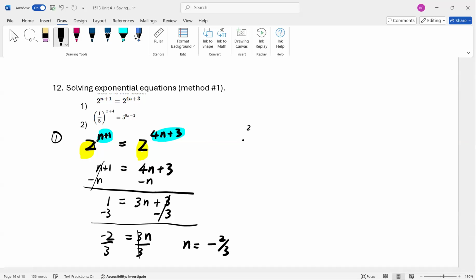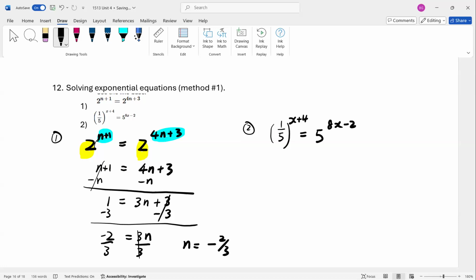The second equation, we have 1 over 5 to the power of x plus 4 equals, on the right side, 5 to the power of, I believe that's 8x minus 2.